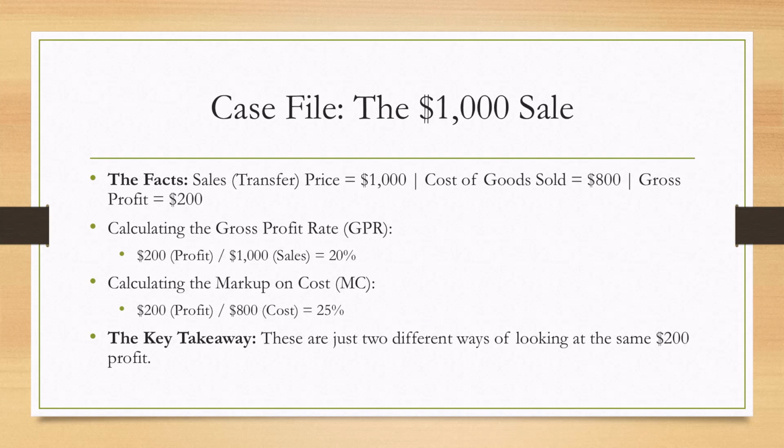The markup on cost is $200 divided by the $800 cost, which is 25%. The key takeaway here is simple. These are just two different ways of looking at the exact same $200 profit. For most of our consolidation work, the GPR is the most direct tool to use.